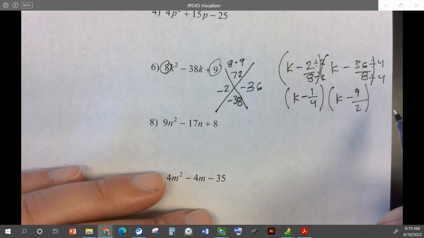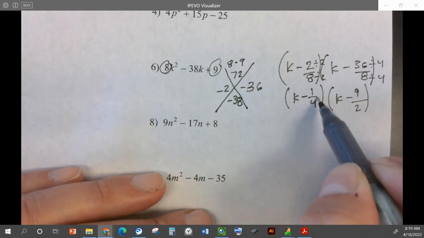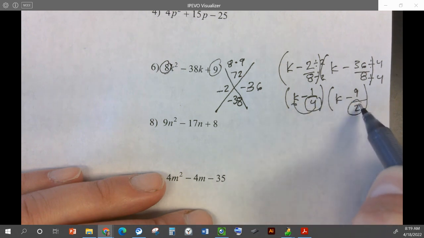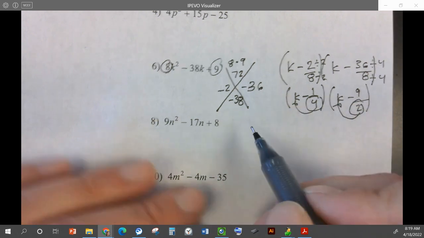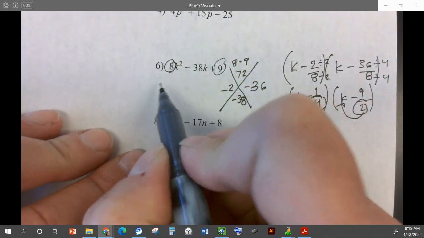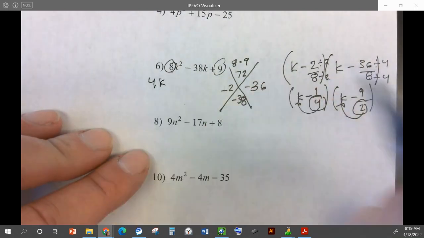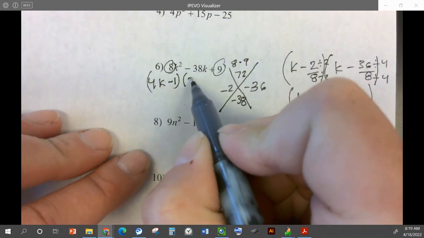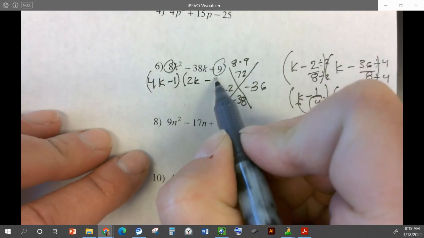Can we simplify these fractions any more? Nope. So now we can bring the bottom of the fraction up. And our answer will be 4k minus 1 and 2k minus 9.